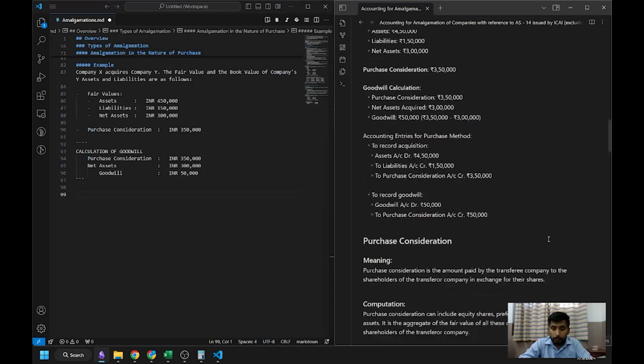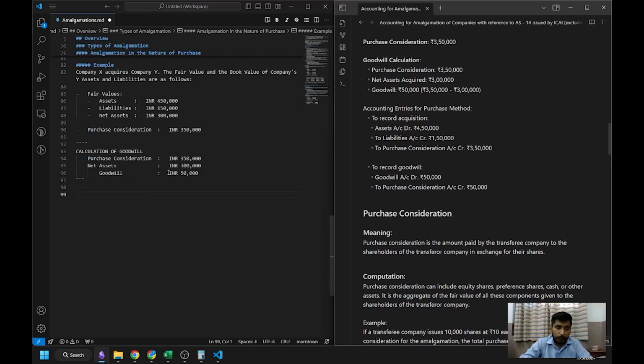Now we'll make the accounting treatment. Accounting entries for the purchase method. Here, number one entry will be to record the acquisition.